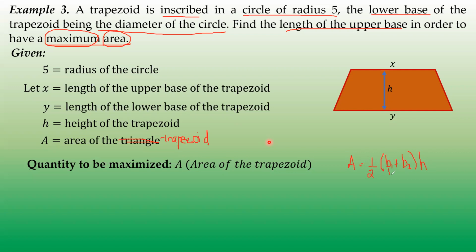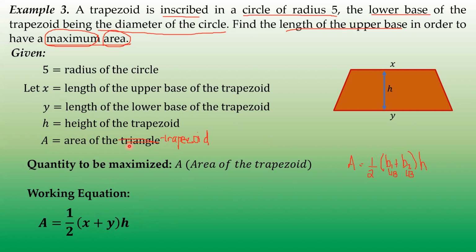So we have the upper base and we have the lower base. So from our variables, palitan natin yan. So we will have our working equation is equal to 1/2 of x plus y quantity times h. Since we have x as the upper base and y as our lower base. Okay, so meron tayong 1/2 of the quantity x plus y times the height of our trapezoid.